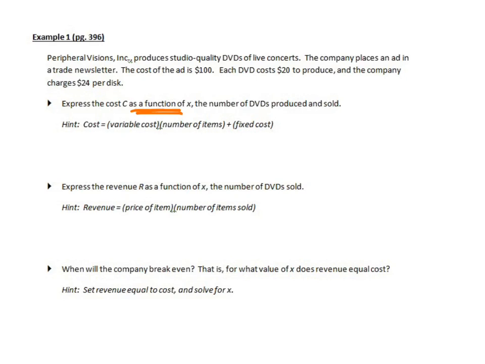And then here's a hint for you: cost equals the variable cost times the number of items plus the fixed cost. So in this case, the cost would be equal to whatever expenses are dependent on the number of DVDs, X, and then off to the side here we just tack on this fixed cost that's independent of the number of DVDs produced.